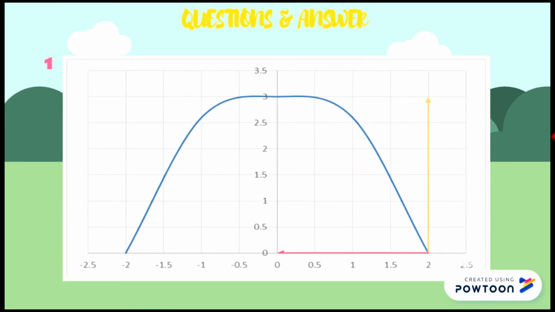As we see in the graph, the yellow line refers to velocity. It is upward because the velocity is positive, and the red line refers to acceleration.